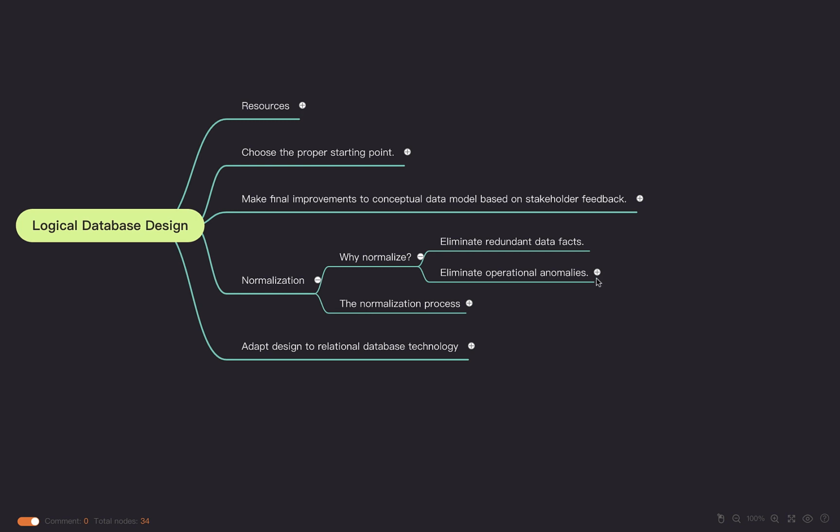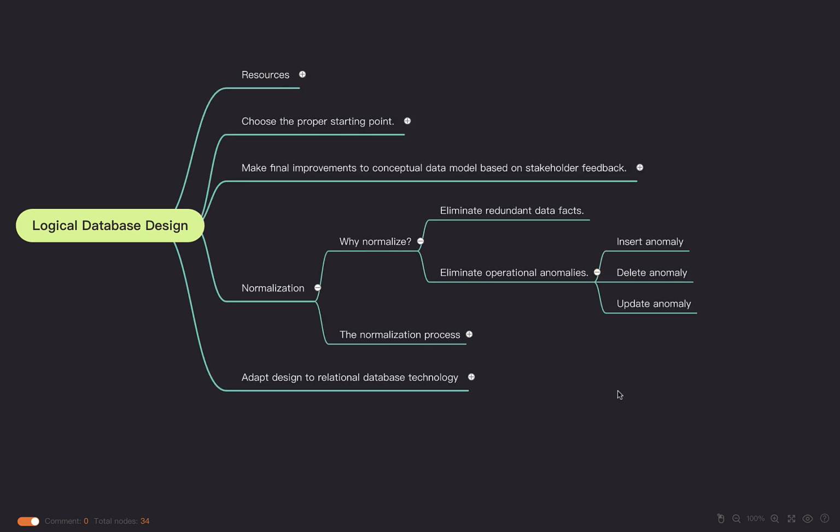Okay? There's another aspect that's important as well, and this really goes back to the sort of inventors and developers of relational databases, people like Codd. Codd identified three anomaly problems that you get in relational databases when you haven't normalized them.